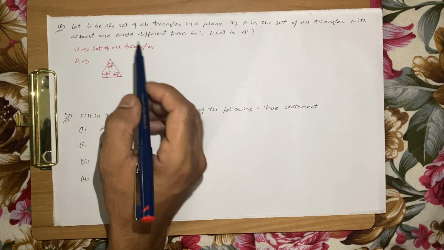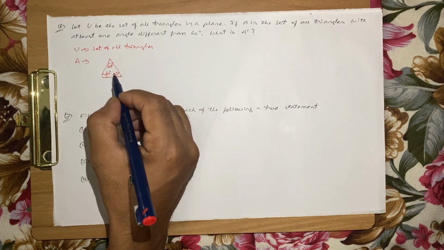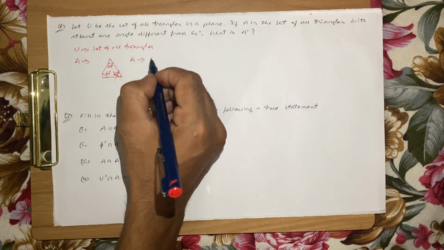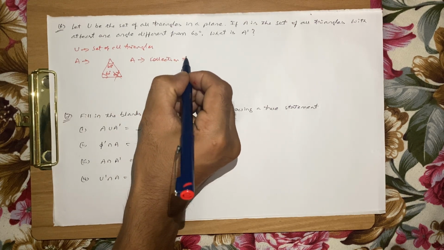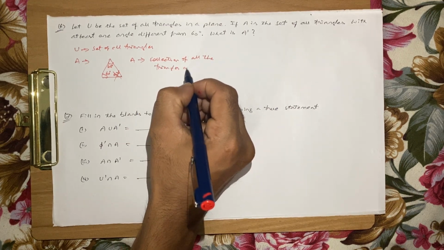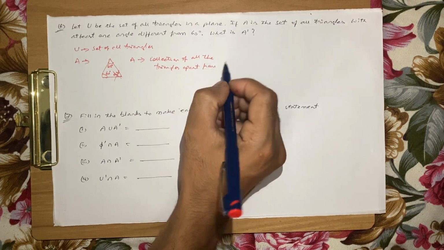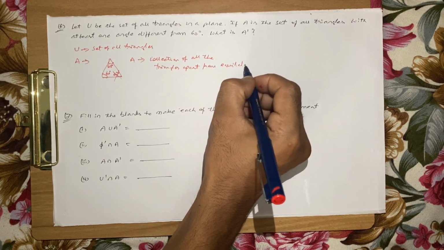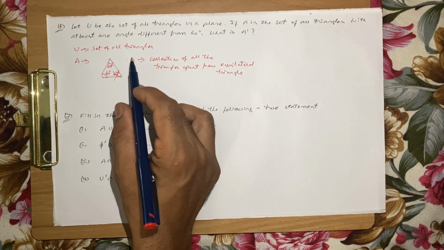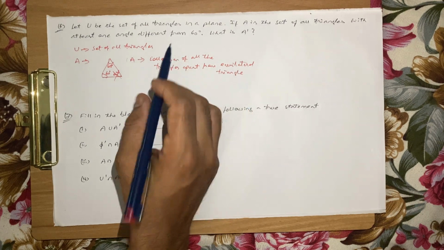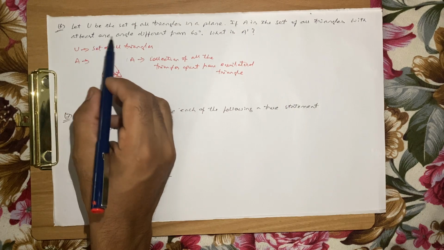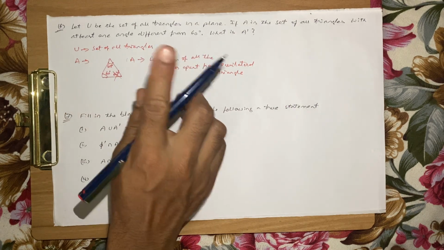Here it says at least one angle is different from 60 degrees, meaning one of the angles is not 60 degrees. So A is a collection of all the triangles apart from the equilateral triangle, because if the set A also included the equilateral triangle, then this condition would not have been there. One angle is not 60 degrees.